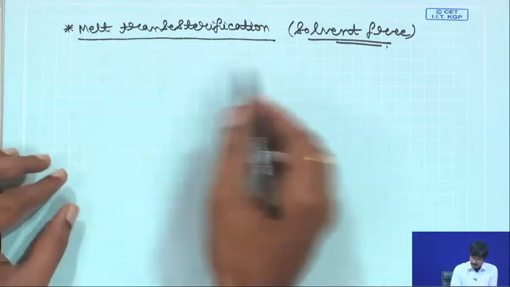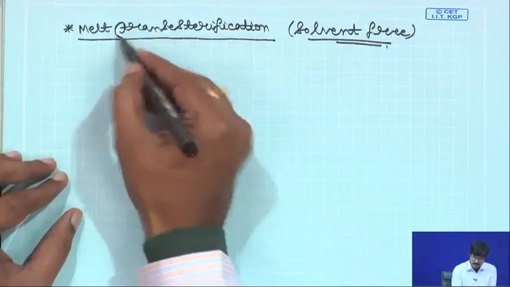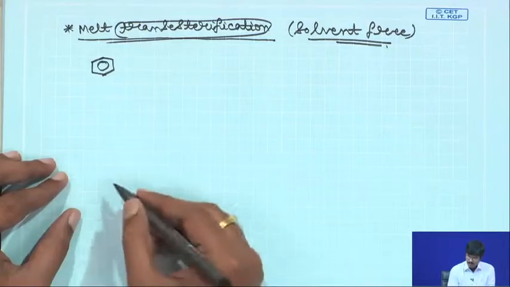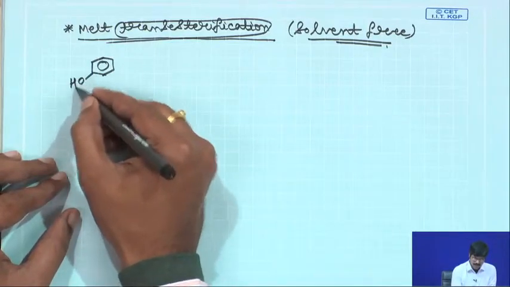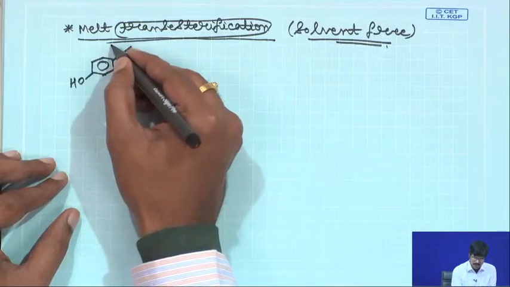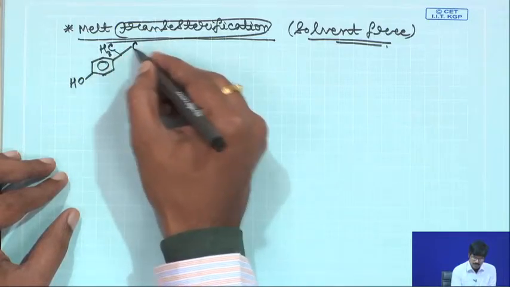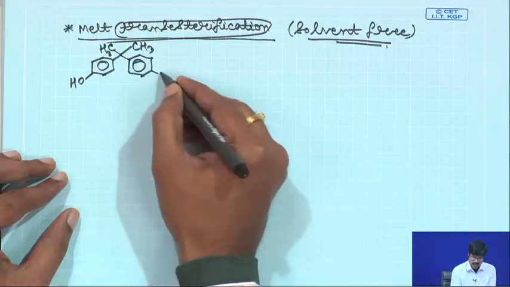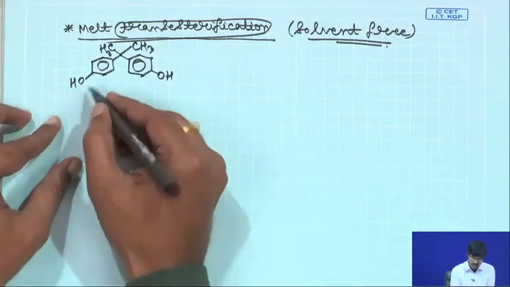And as the name suggests, this is transesterification. So, again you start with bisphenol A. In this case you are not using a bisphenolate, the salt, because you are not using a solvent in which it has to be dissolved. So, you can just use the parent bisphenol A.